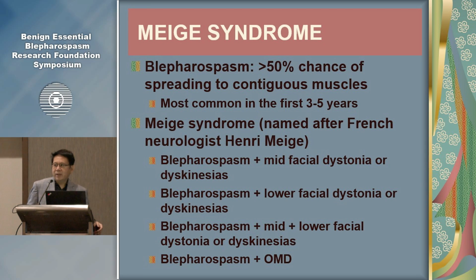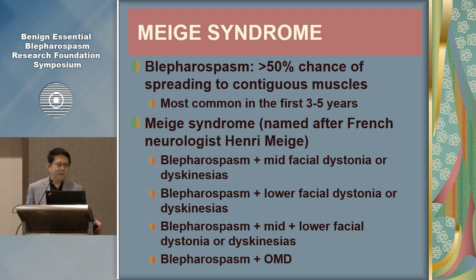And if Bleph spreads to contiguous muscles in your face or the jaw, we usually refer to this as MEIGE syndrome. This is pronounced in different ways. I've heard MEIGE, MEG, MEIGE. I kind of prefer MEIGE. It was named after a French neurologist who wrote a paper describing 10 patients with Blepharospasm.